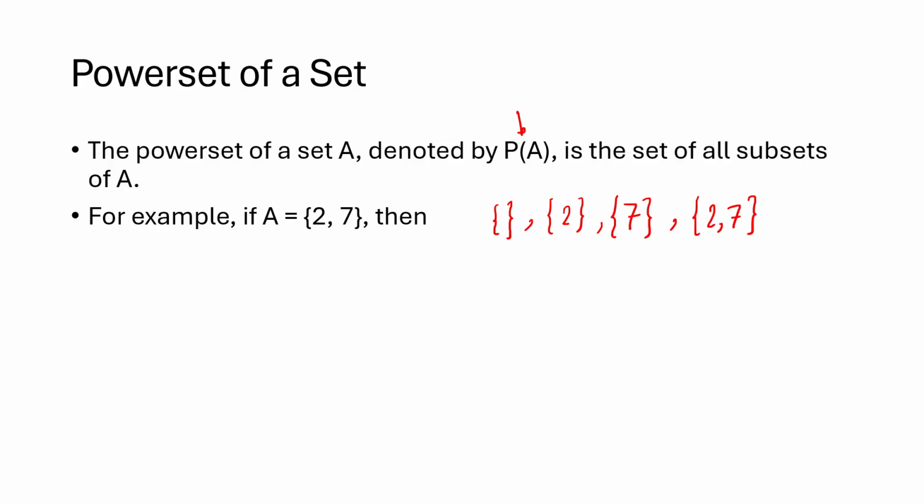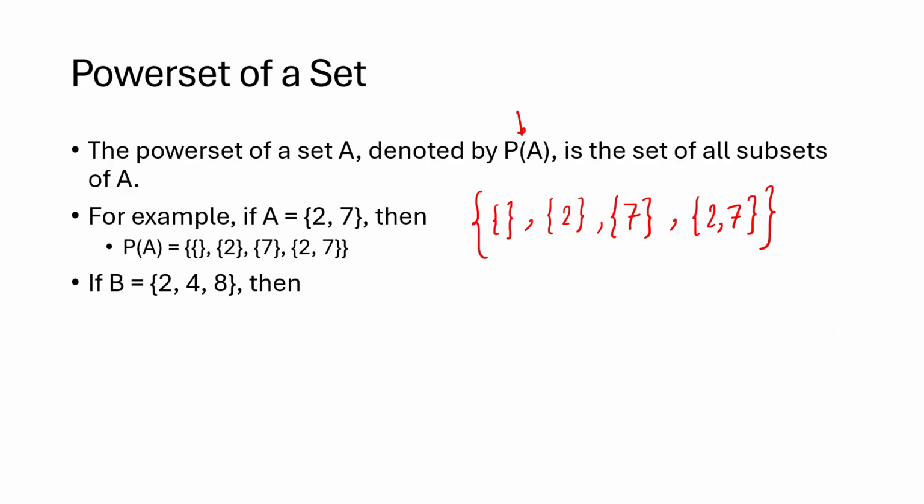So basically A itself. Remember, every set is a subset of itself. So these are all the subsets of A. The empty set, the set containing 2, the set containing 7, and the set containing 2 and 7, all of A. Now, if I create a new set with these subsets as its elements, then it's called the power set of A. Here we go.